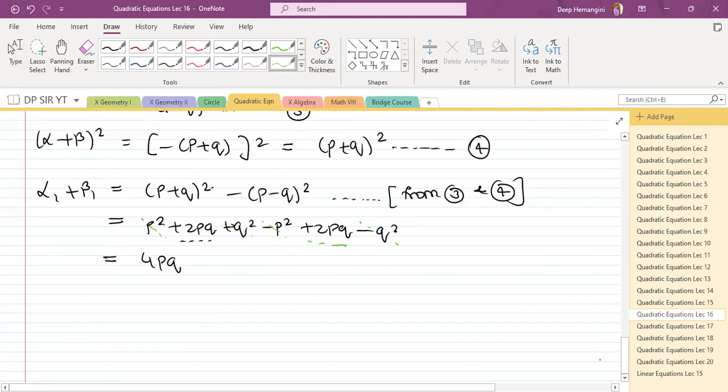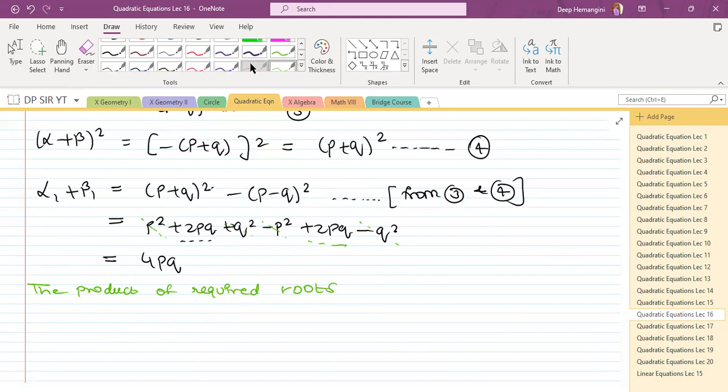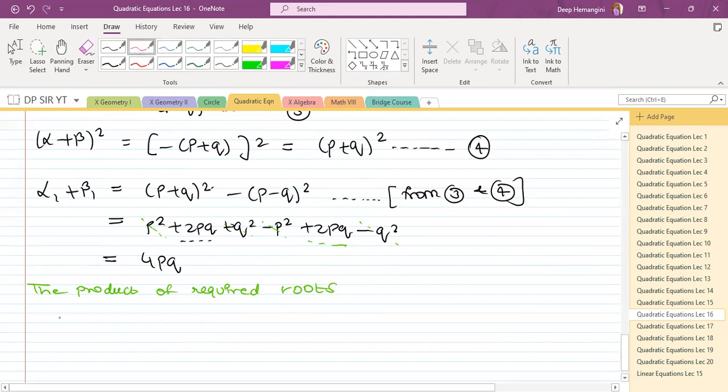Okay, so the product of required roots. Again, it's simple. The product of required roots, that is alpha 1 into beta 1.